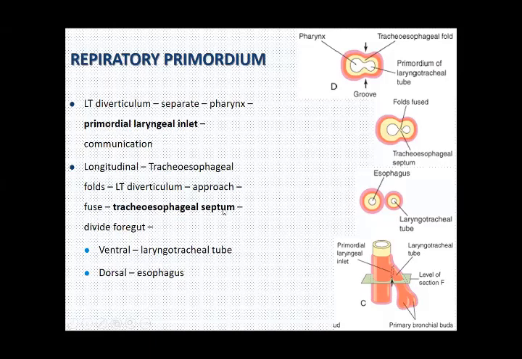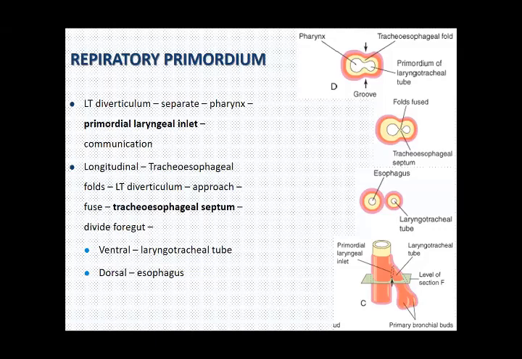Tracheoesophageal septum. This septum divides the foregut into a laryngotracheal tube and dorsally placed esophagus. Pharynx का caudal end and esophagus dorsally, and ventrally we have the laryngotracheal tube.